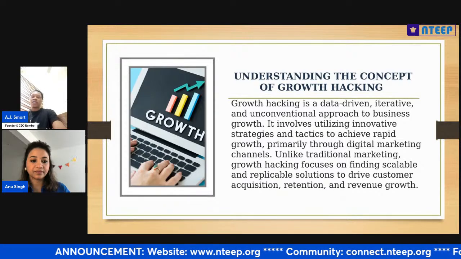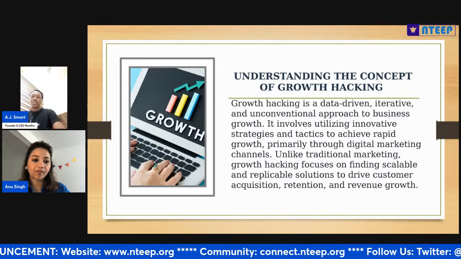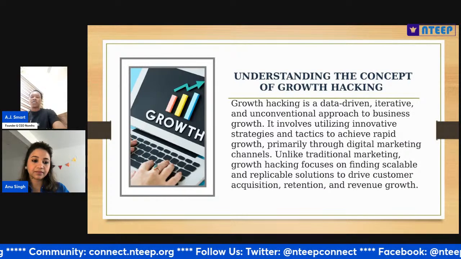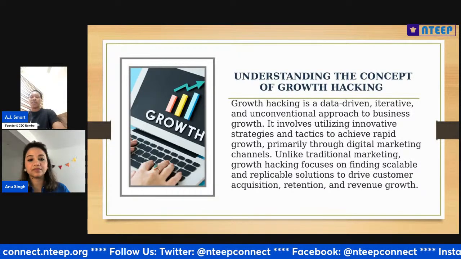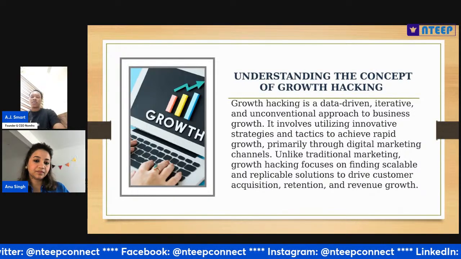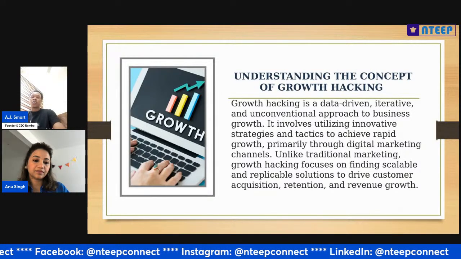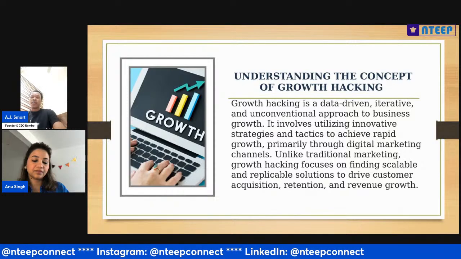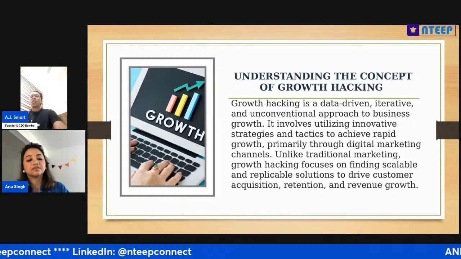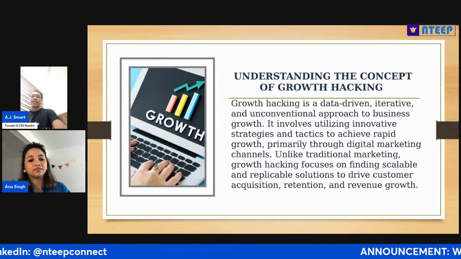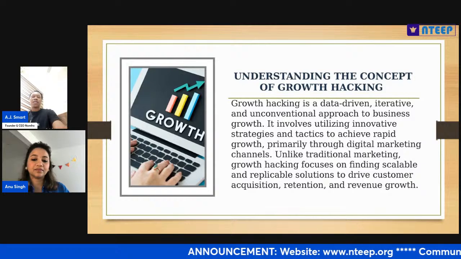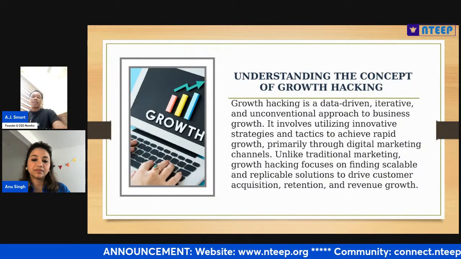It involves utilizing innovative strategies and tactics to achieve rapid growth, primarily through digital marketing channels. Unlike traditional marketing, growth hacking focuses on finding scalable and replicable solutions to drive customer acquisition.